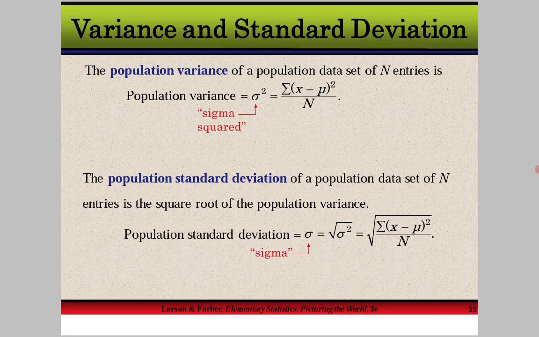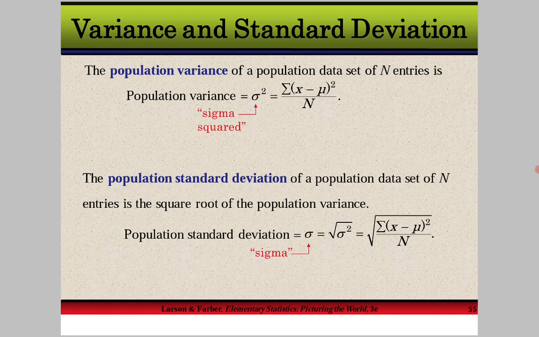The population variance of a data set of N entries is represented by sigma square. Sigma square is equal to the sum of x minus mu whole square divided by capital N, where capital N is the number of data items.